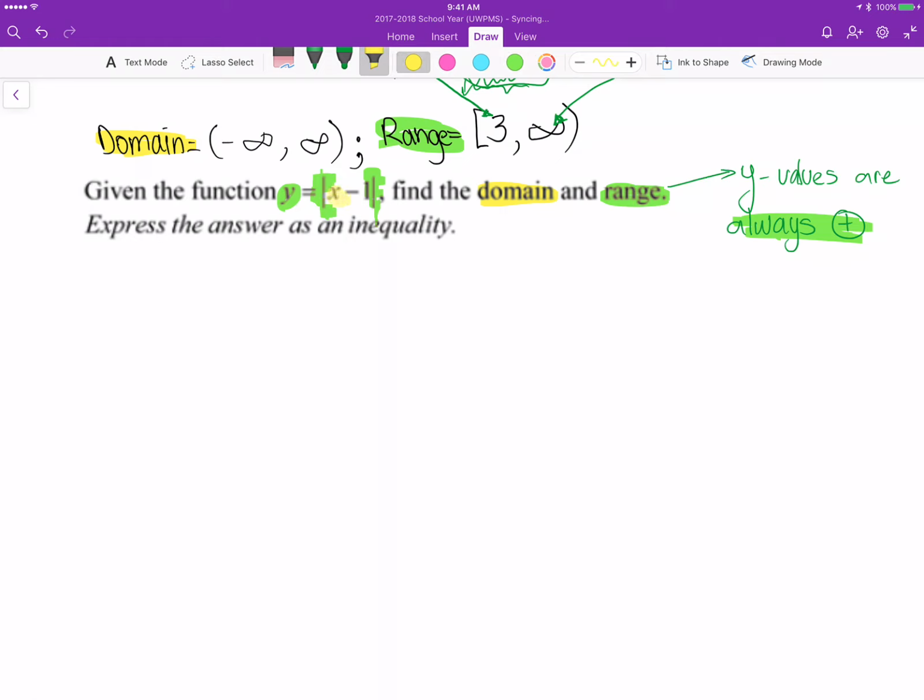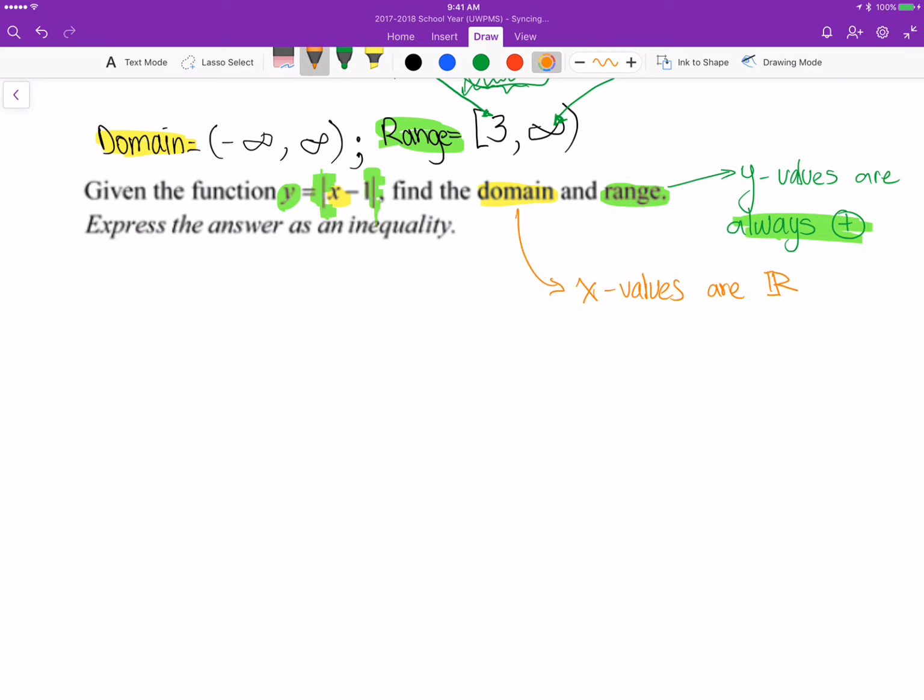And my domain, my x values, are all real numbers because I have no restrictions. There are no restrictions.